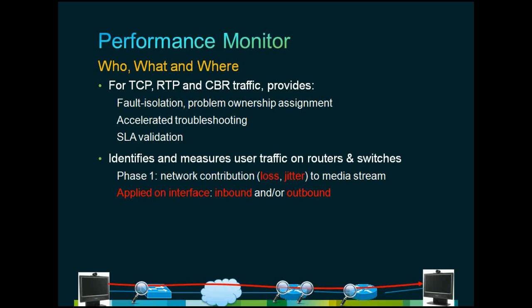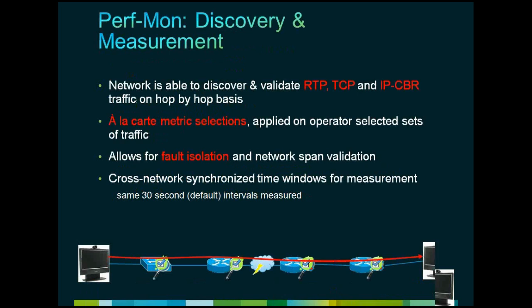So you can actually get the jitter observed here in the inbound interface of this element, for example. The network is able to discover and validate all these types of traffic on a hop-by-hop basis, right? You can actually select the metrics of sets of traffic.